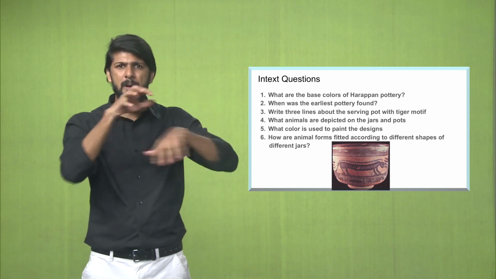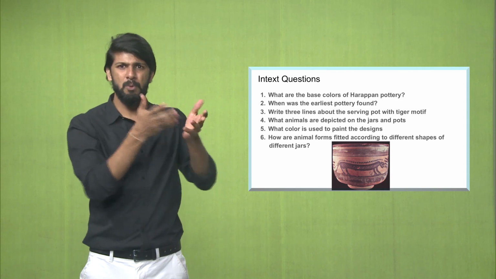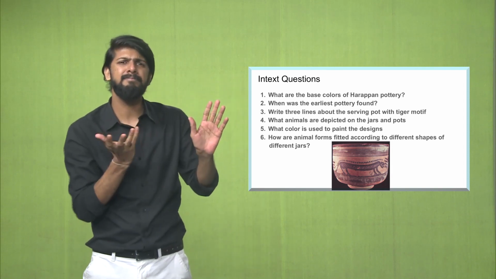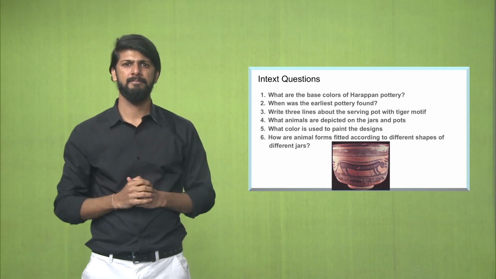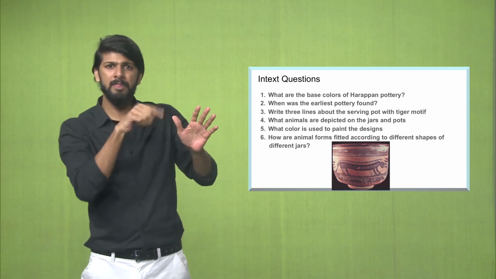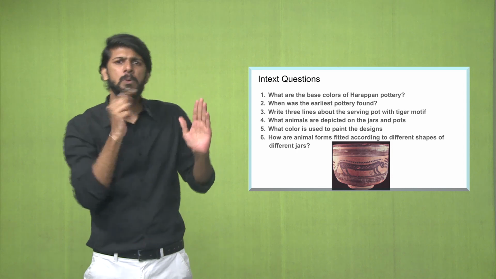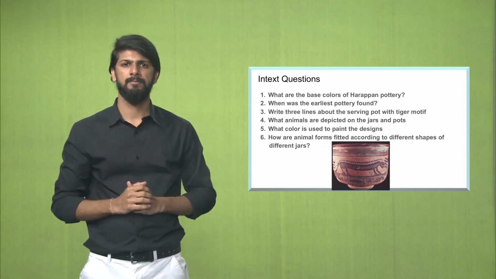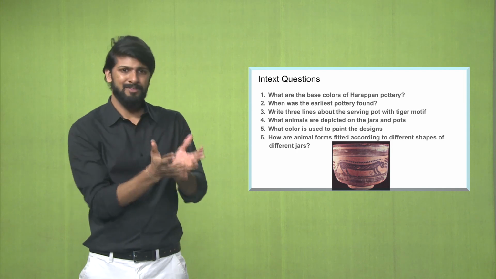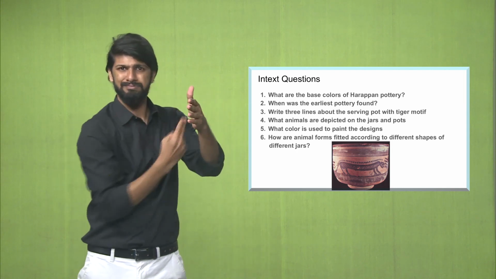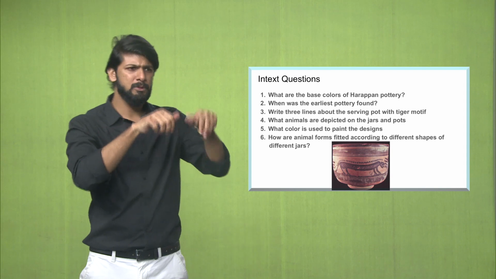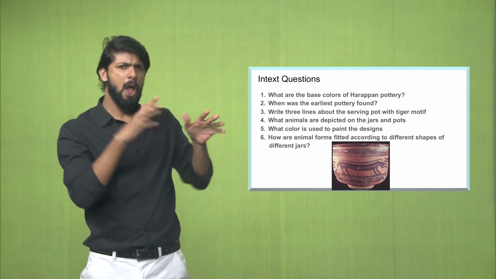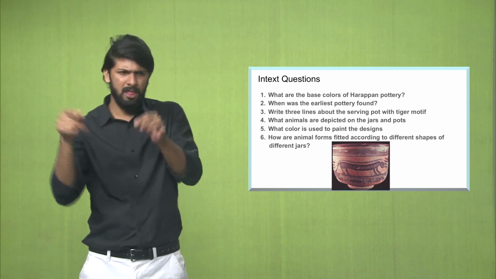Next question. What animals are depicted on the jars and pots? What color is used to paint the designs? How are animal forms fitted according to the different shapes of the different jars?